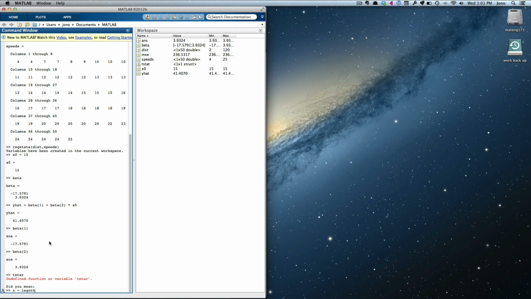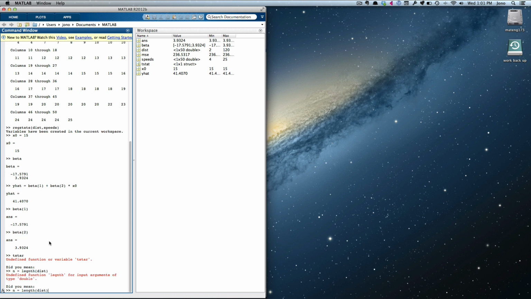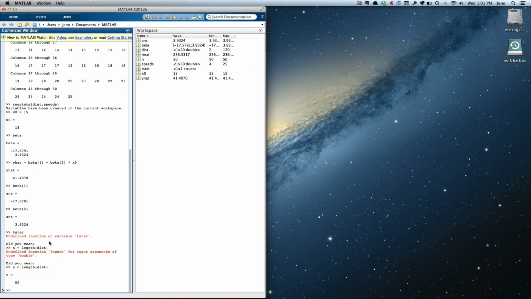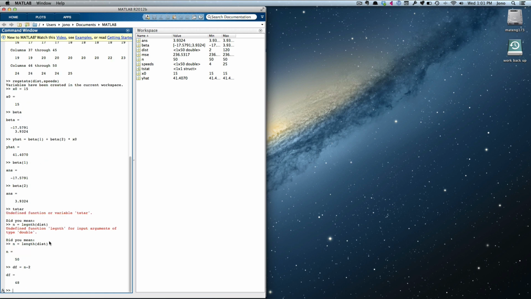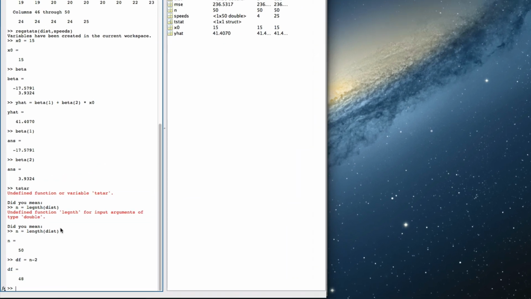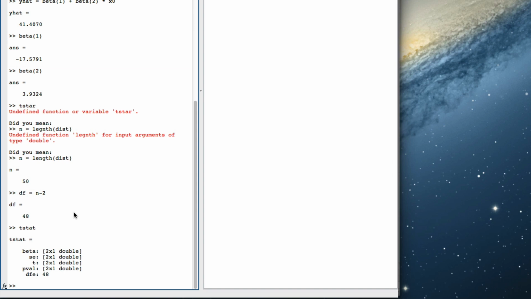Well, it's the length of dist. So n equals 50. So our degrees of freedom is going to be n minus 2, which is 48. We can check that because remember we've produced a thing called t-stat. If we look here, degrees of freedom agrees, 48. So now I'm on the right direction.